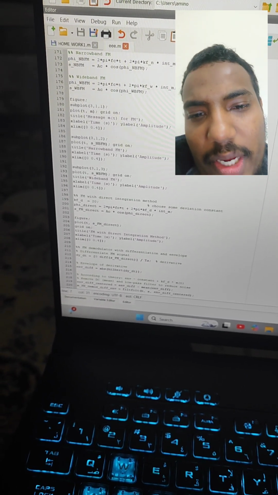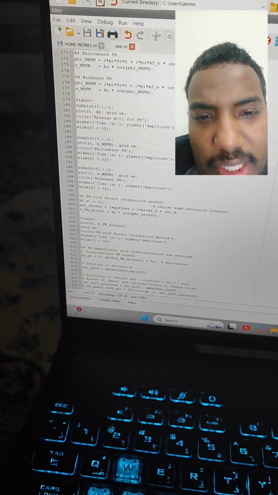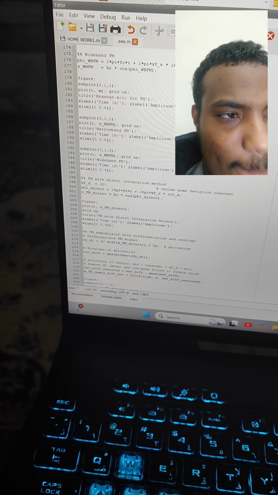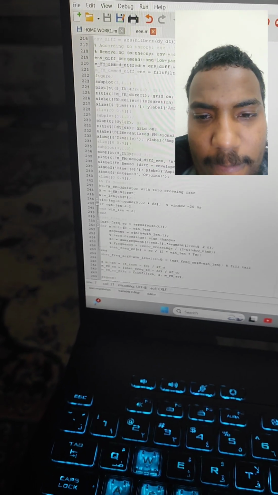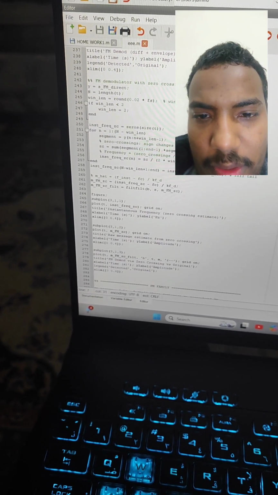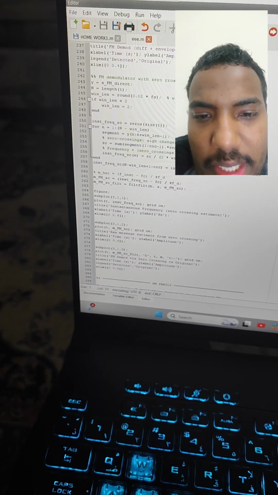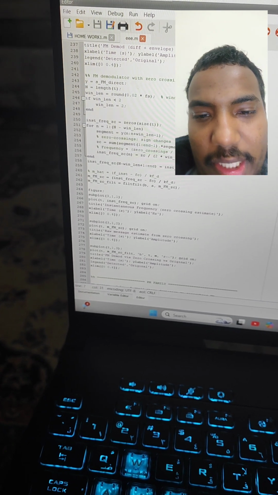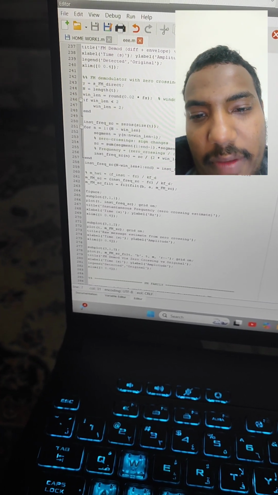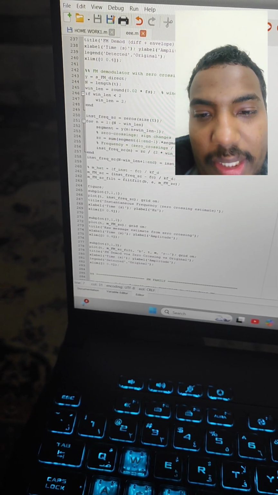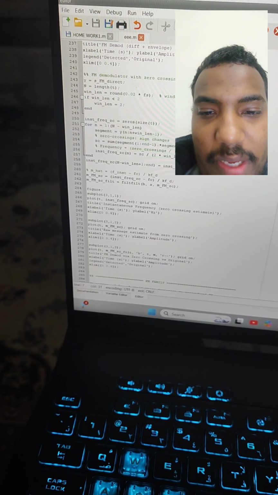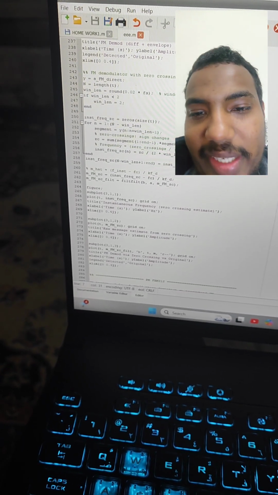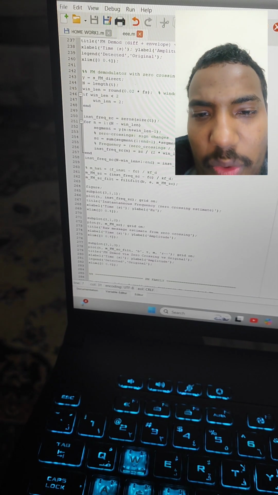5.5 Coherent detector for AM, double sideband SC and SSB. The local carrier is an ideal local oscillator with the same frequency and phase as the transmitted carrier. fcut equals 15 Hz, [b, a] equals butter(4, fcut over Fs over 2), a fourth order Butterworth low pass filter.